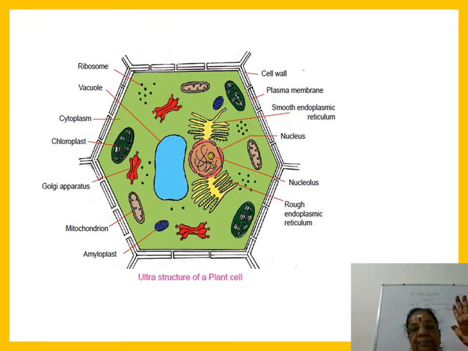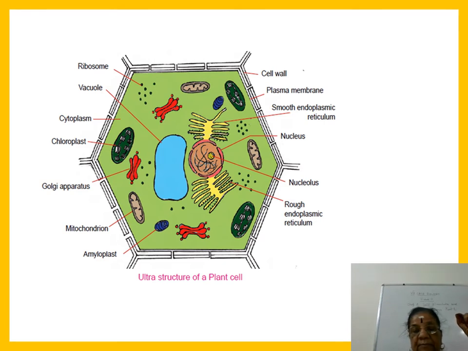Living inclusions are mitochondria, Golgi body, chloroplast, ribosome, and lysosome in the animal cell, endoplasmic reticulum and ribosome. As these are bound by another outer layer, first the cytoplasm, and inside that these are all present, since they have an outer layer, these are called cell organelles. So I say membrane-bound structures found within the cytoplasm are called cell organelles.